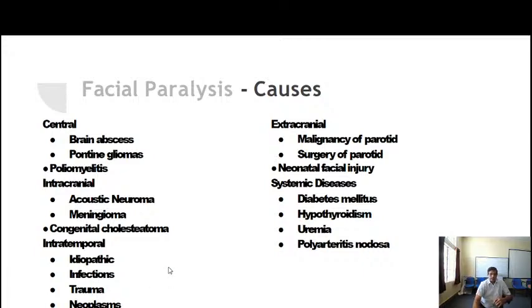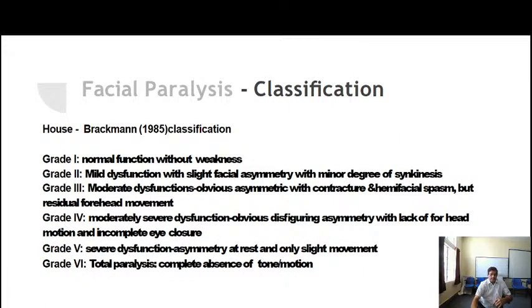Then, one of the classifications, by House and Brackmann, says normal function is grade 1, grade 2 is mild dysfunction, grade 3 moderate dysfunction, grade 4 moderately severe dysfunction, grade 5 is severe dysfunction with asymmetry, and the sixth one is the total paralysis, complete absence of tone or motion.